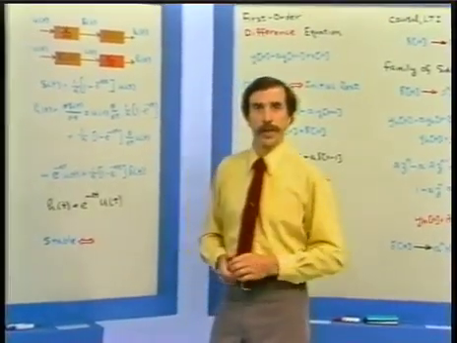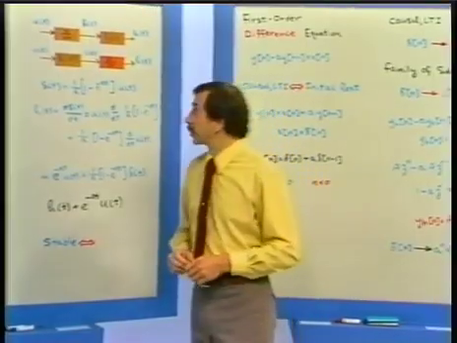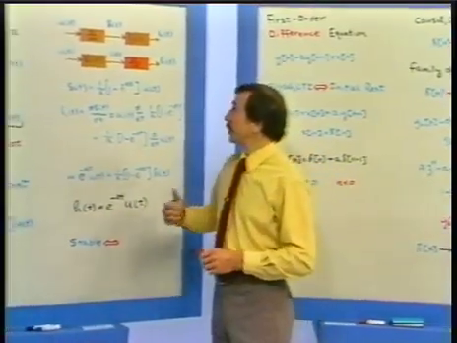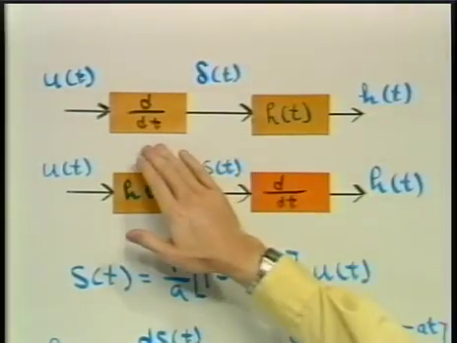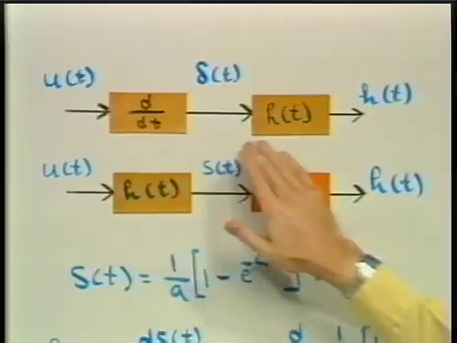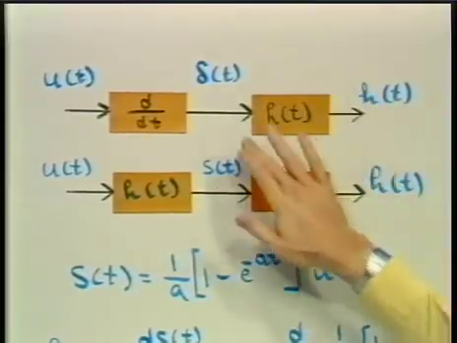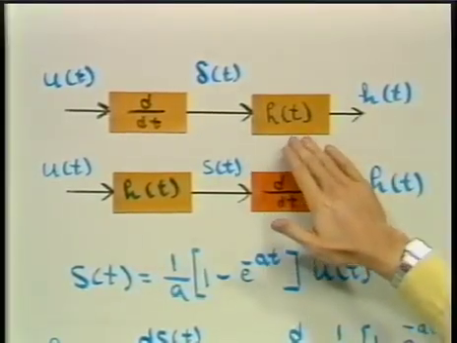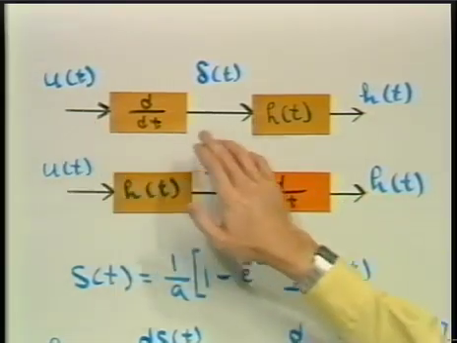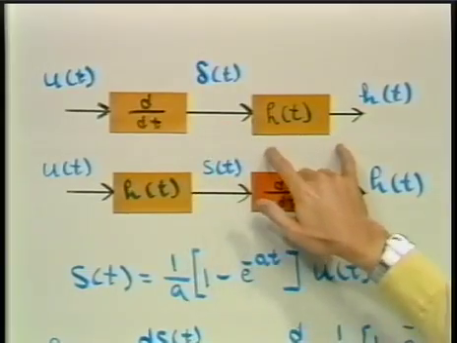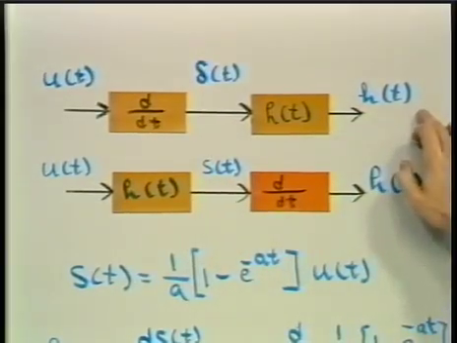And just to quickly remind you of where that result comes from, in essence, we can consider two linear time invariant systems in cascade, one a differentiator, the other the system that we're talking about, described by the differential equation. A step in here then generates an impulse into our system, and out comes the impulse response.